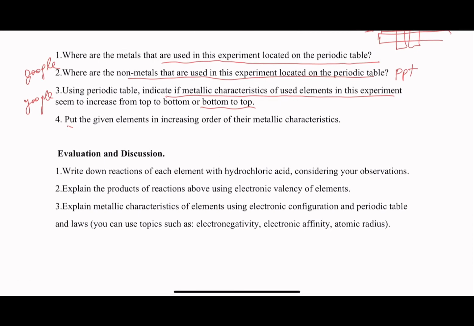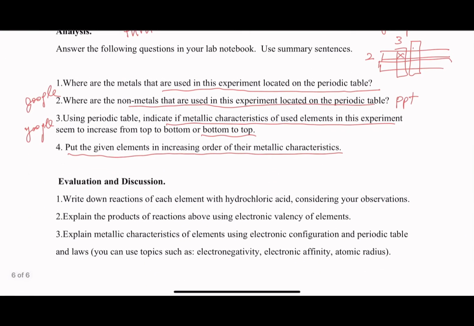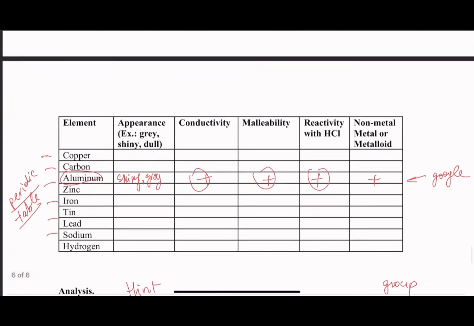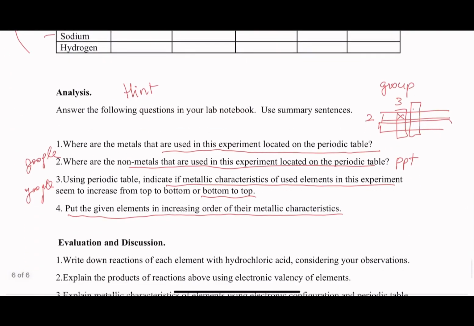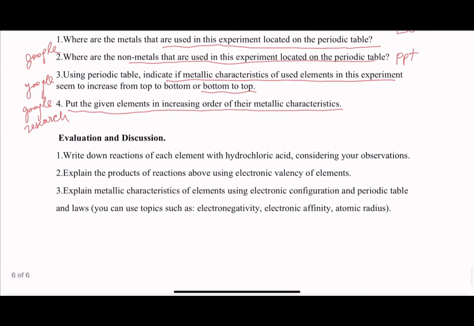And then you say, put the given elements in increasing order of their metallic characteristics. As I say, using your results and using your research, like you can Google again, you can answer all of these questions in your results and discussion.